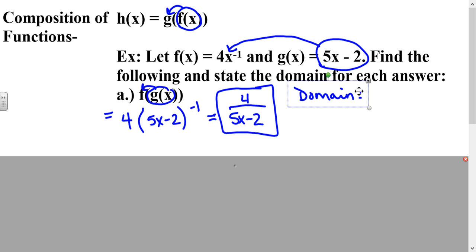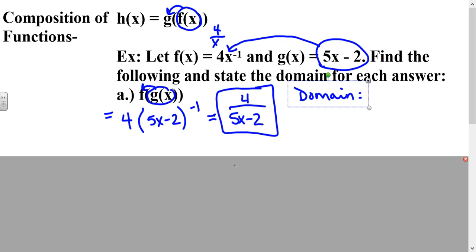Now remember, when we do domain, we don't just do the answer, we have to do the originals as well. So if I look at this one, this would be the same as like 4 over x, and I can't have 0 in the denominator, otherwise my answer would be undefined. Now I could plug in any number I want for x here, and I would come out with a real answer. So that one would be all real numbers, but this one I can't plug in 0.